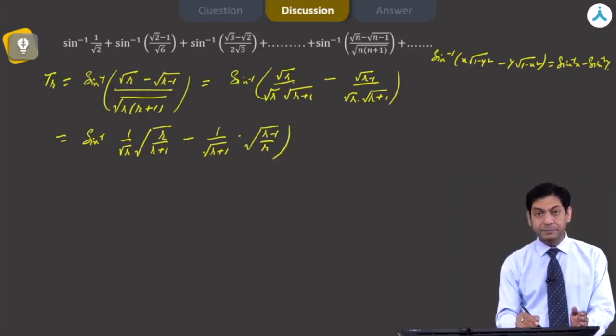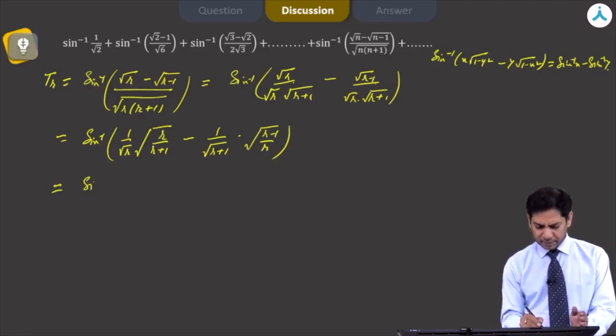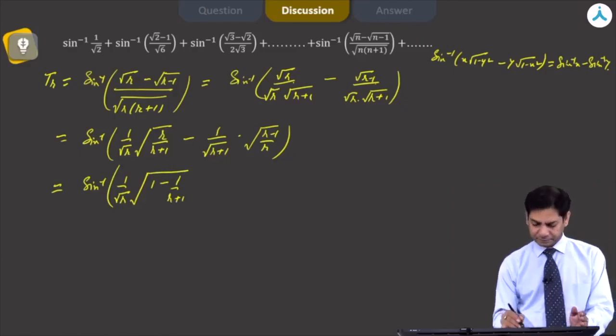We can do that. Now we write it as sine inverse of (1 by root r multiplied by root of 1 minus 1 upon r plus 1, the first term, minus 1 upon root of r plus 1 multiplied by root of 1 minus 1 by r).